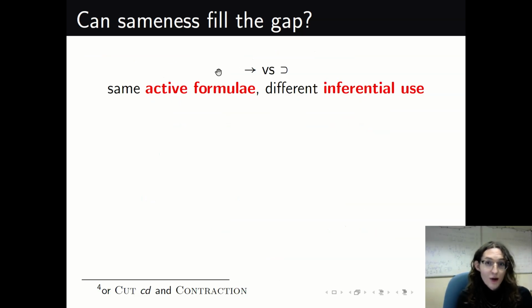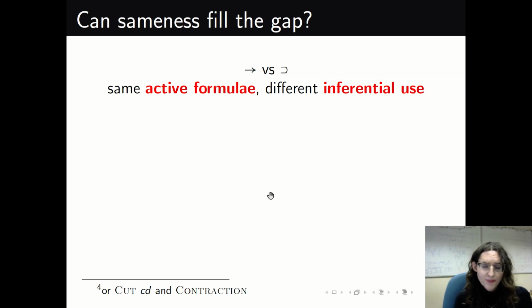Hence, we have two rules which have the same active formulae in the same spots, and according to sameness, they should have the same meaning. But we have different inferential use. So there seems to be some sort of clash between the inferentialism component of our account and Restall's sameness thesis.